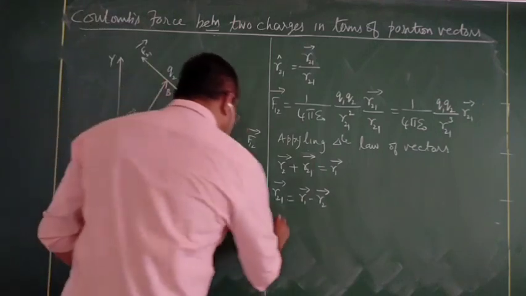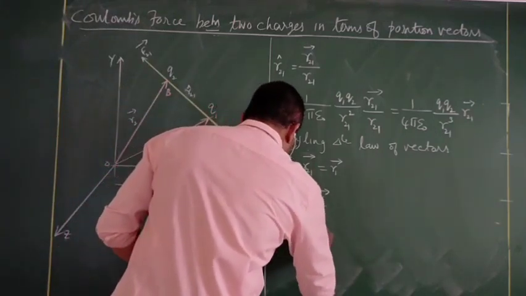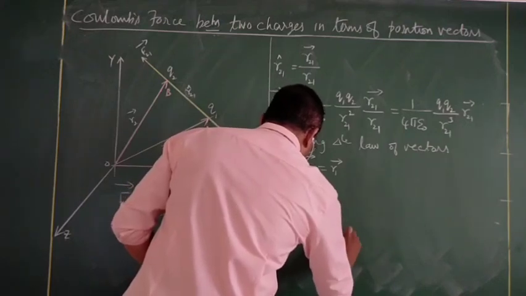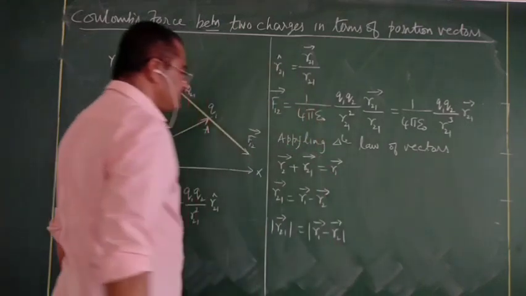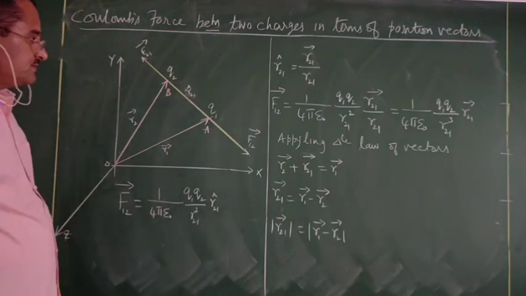In other words, I will write mod R21 vector is equal to mod of R1 vector minus R2 vector. This I am going to substitute here.